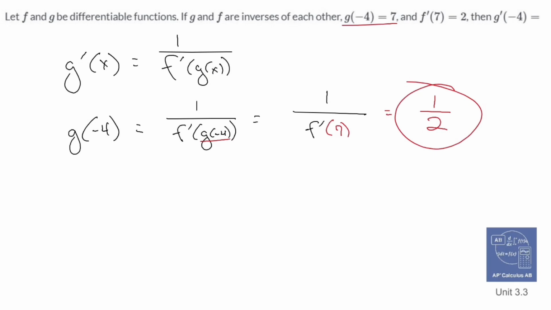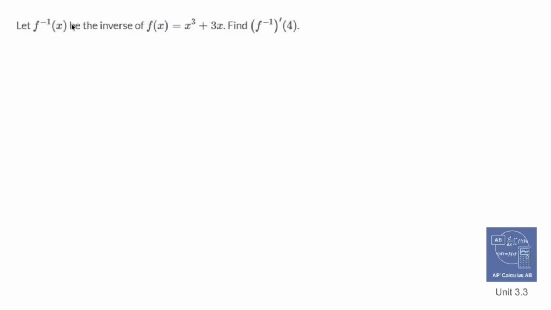Let f inverse of x be the inverse of f of x. That's equal to x cubed plus 3x. Find the f inverse's derivative at 4. Ugh. All right. Well, if I wanted to find what the f inverse's derivative at 4 is, I kind of need to find out what the f inverse of 4 is.